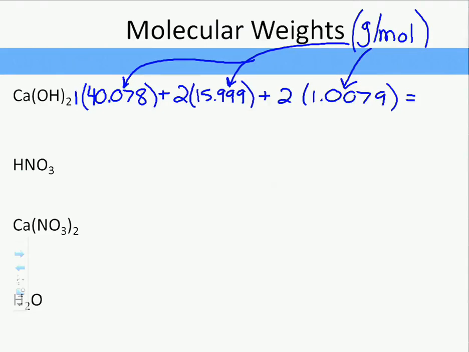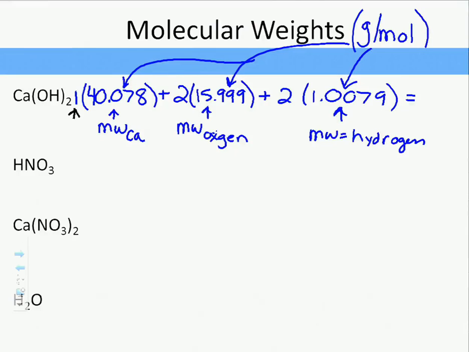So I'm going to go ahead and label these. Molecular weight of calcium, molecular weight of oxygen, and molecular weight of hydrogen. And then the 1 is the number of atoms.